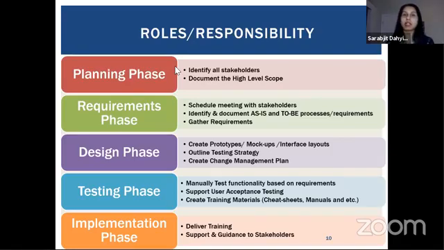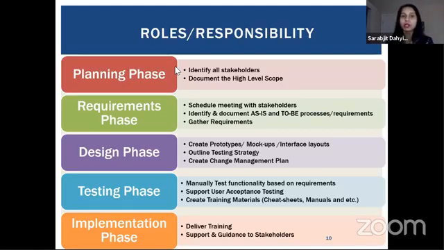But when I say identify stakeholders, that means additional stakeholders that have not been identified yet, right? You want to make sure that you identify all stakeholders before you begin, because adding new stakeholders means additional functionality or additional requirements, and it gets complicated if those stakeholders are not identified at the beginning of a project.